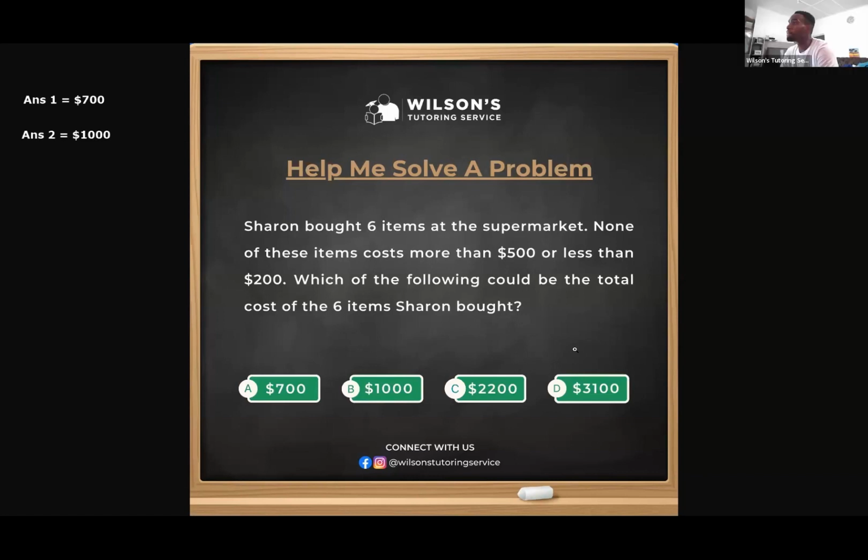Since it was in the range of 200 to 500, I multiplied each number by 6 because there are 6 items. For 200, I got 1,200, and I rounded that off to the nearest 1,000, and I got 1,000. All right, cool.